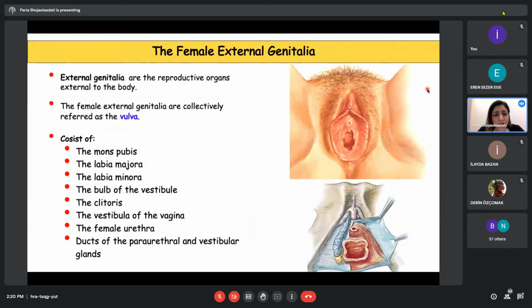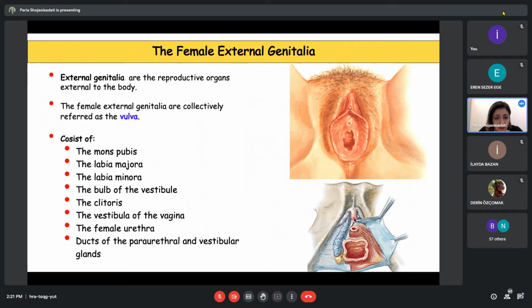As I mentioned before, the external genitalia are located external to the body. They consist of different structures, for example the mons pubis, the labia majora on the lateral side, the labia minora in between them, the bulbs of the vestibule that you can see in the deep part of the labia majora, and the clitoris at this side.